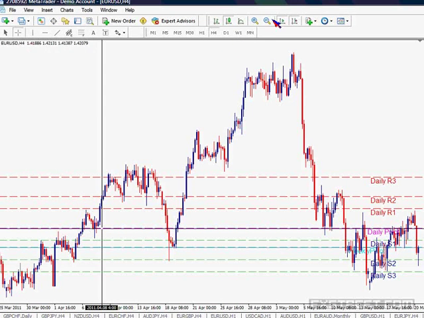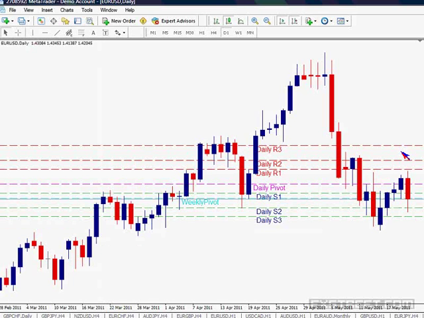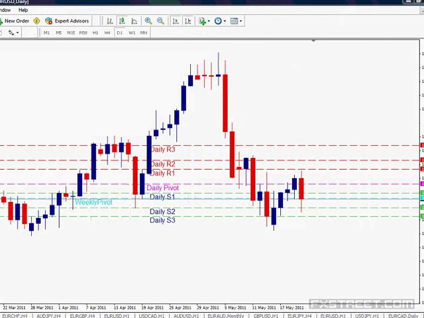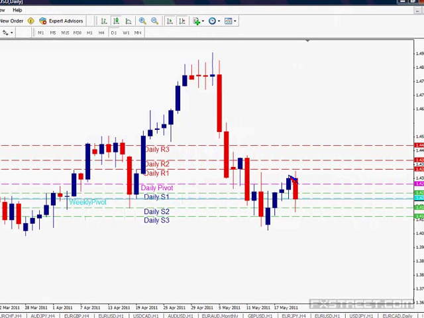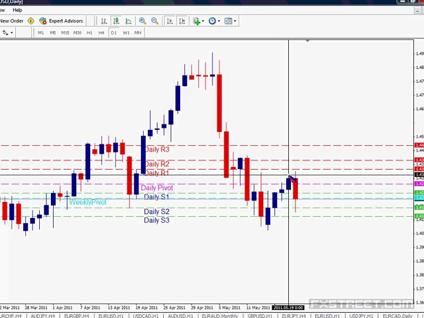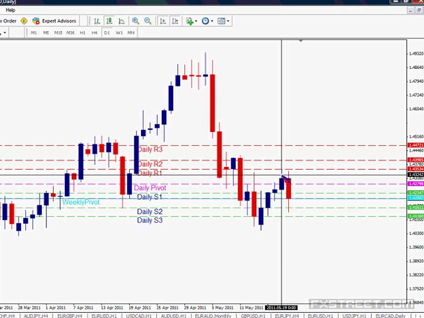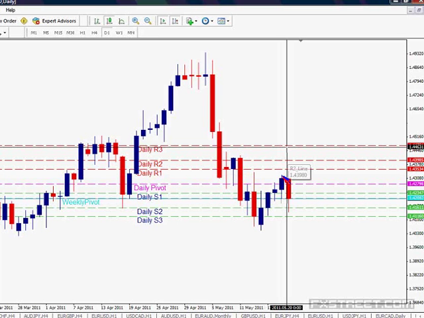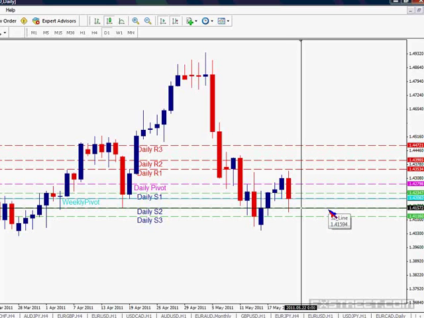the classical calculation. Sorry, I will enlarge the chart a bit. With the classic calculation, today's pivot points, these levels that we are seeing drawn here, will depend on this bullish blue previous candle: the high plus the low plus the close divided by 3. From that, I start to calculate my resistance 1, resistance 2, resistance 3, support 1, support 3, and so on.